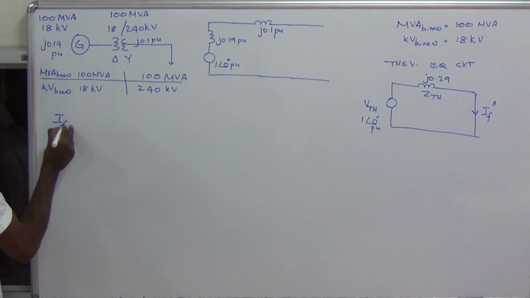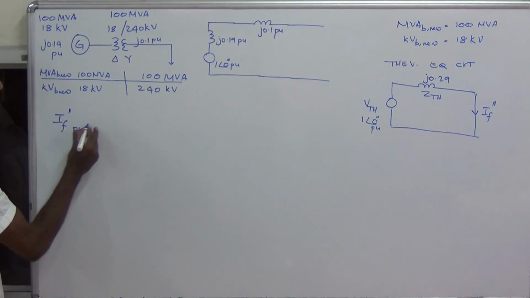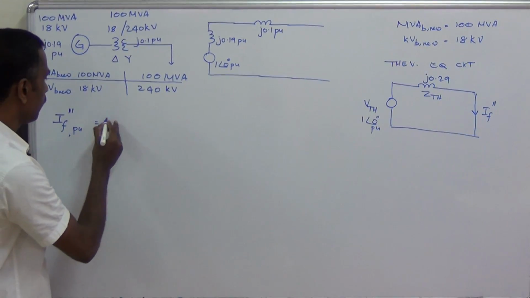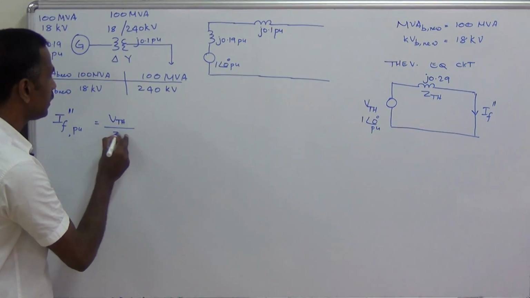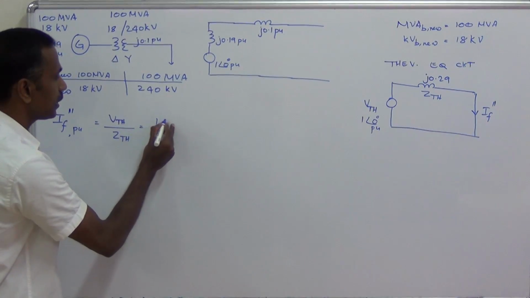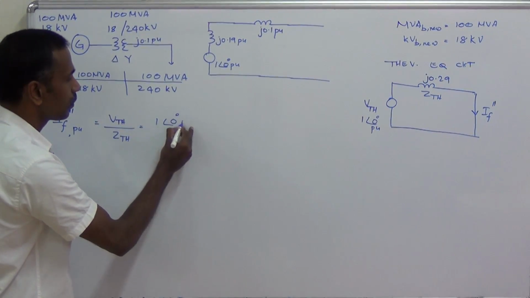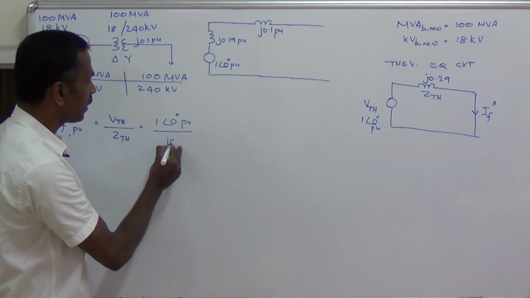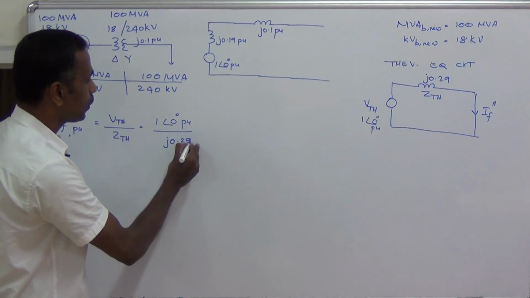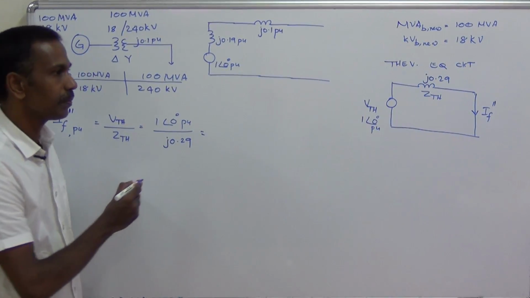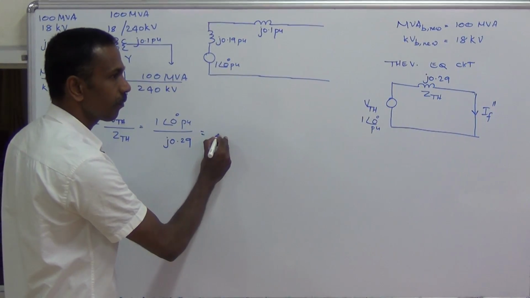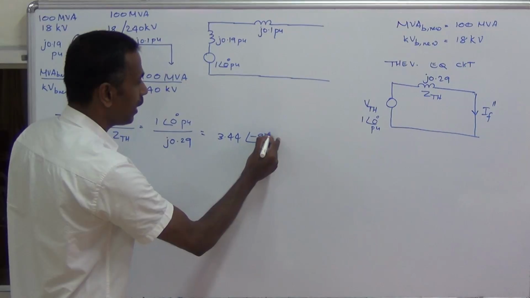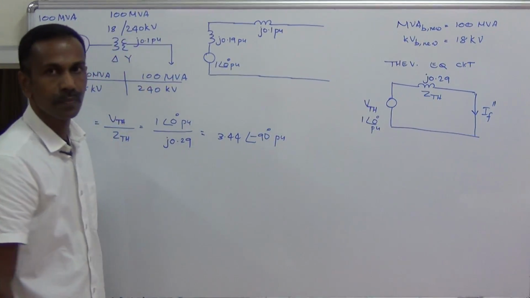IF double dash per unit is equal to VTH divided by ZTH, which is 1 angle 0 divided by J0.29, and this is equal to 3.44 angle minus 90 degree per unit.